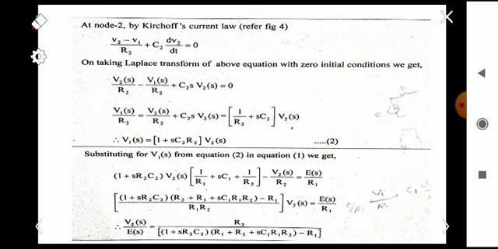We are going to substitute the value of V1 from equation 2 into equation 1.